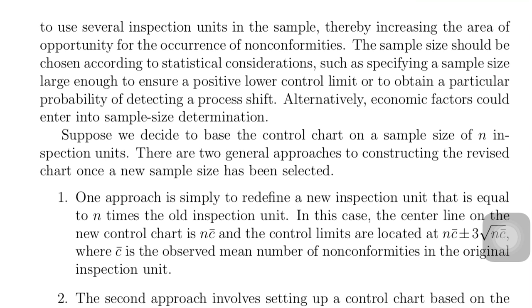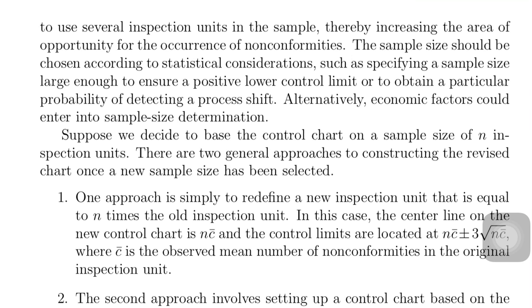So the control chart construction will be easy because the upper limit and lower limit are simply n times the upper limit and lower limit of your C chart. That is, if the standard for the parameter C of the Poisson distribution is not given, you have to simply multiply the center line, upper limit and lower limit by small n.